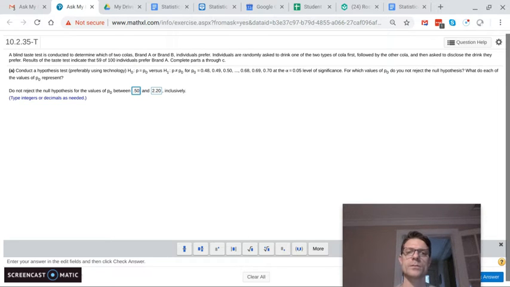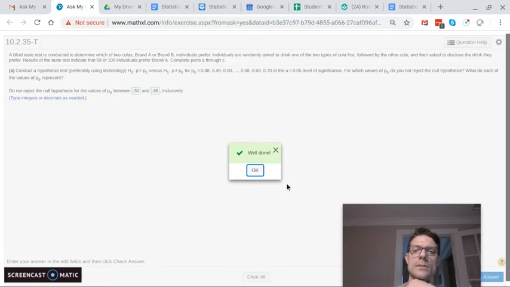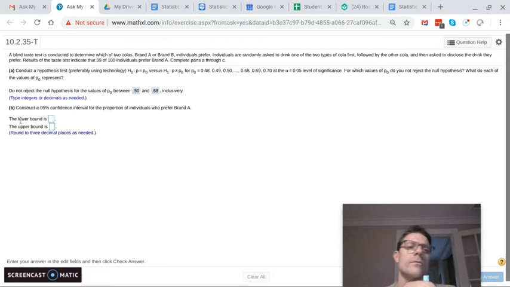So 50 to 68. Those are all the values for which we do not reject the null hypothesis. Anything lower than 50 and higher than 68%, we're going to reject the null hypothesis.